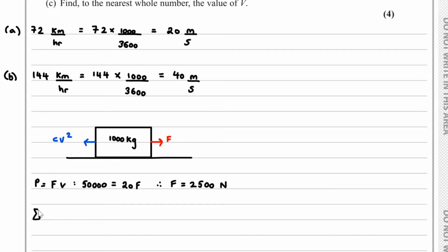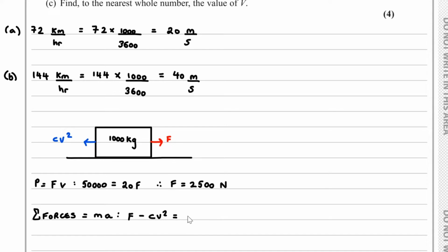And now we can use Newton's second law, which states that the sum of the forces is equal to the mass times by the acceleration. So we've got F minus CV squared.